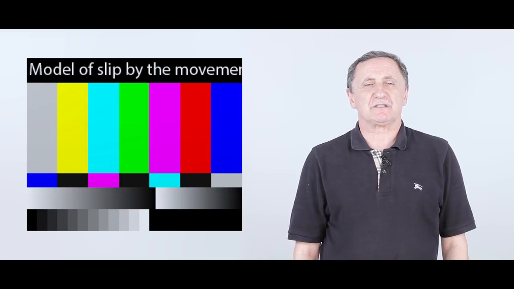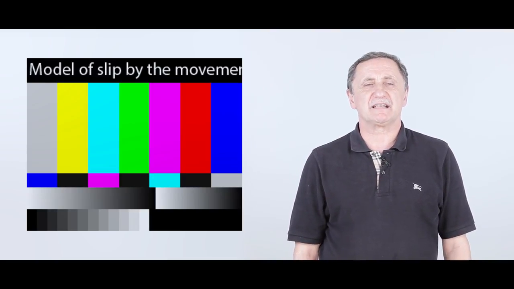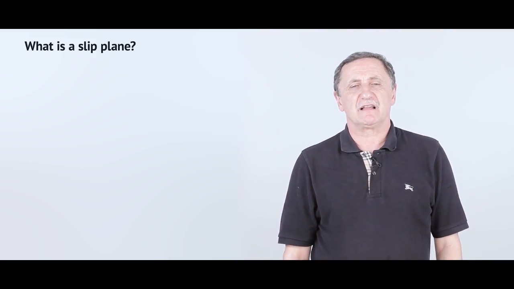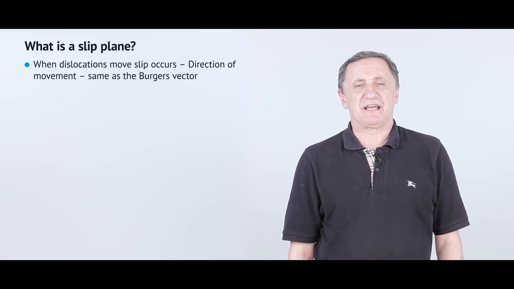So the next question is when the dislocation moves and this slip occurs, this motion and slip occurs along the direction of the Burgers vector. And of course, the shorter the Burgers vector, the less energy we have to apply in order for the slip to take place.